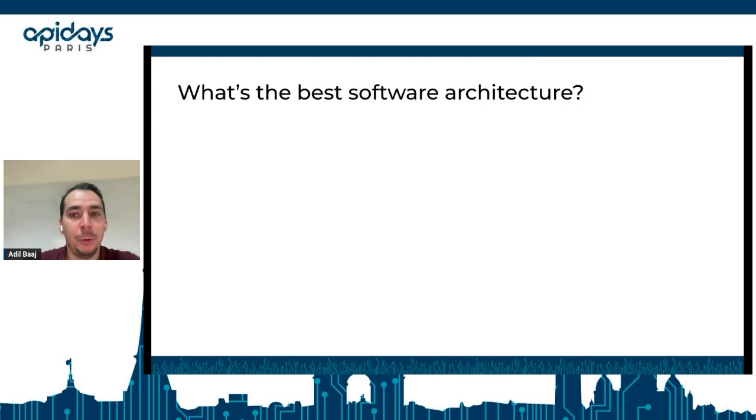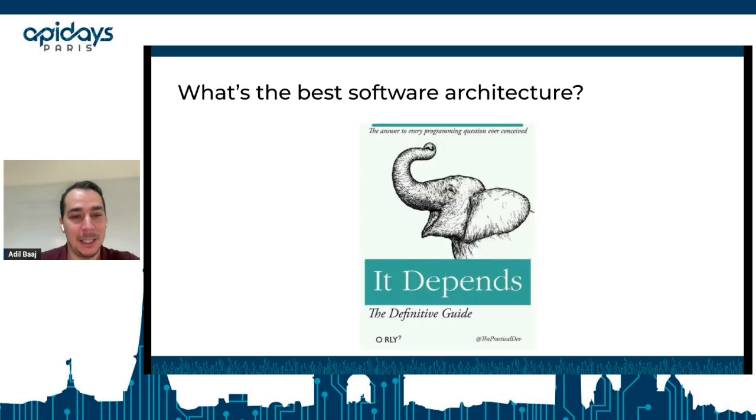Over the years, as I worked on more projects and grew in my software engineering role, I realized how much the architectural choices can have an impact on the maintainability of the code base. And that naturally led me to wonder what's the best software architecture. With a bit of research, discussing with some senior colleagues, and online research, I found that the answer is, it depends.